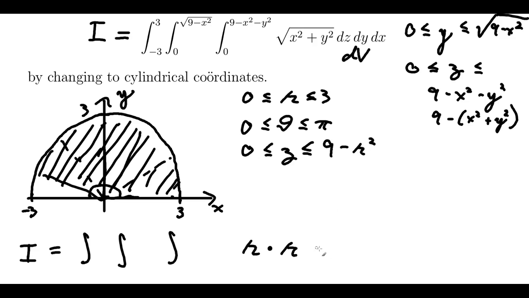So let's go ahead and stick that on the inside to have it as safe as possible. z goes from 0 to 9 minus r squared. So there is our inner integral. And then the next two moving out, r and theta, that's a polar rectangle, so we can do those in whichever order we want. Let's just write dr d theta. r goes from 0 to 3, and theta goes from 0 to pi.